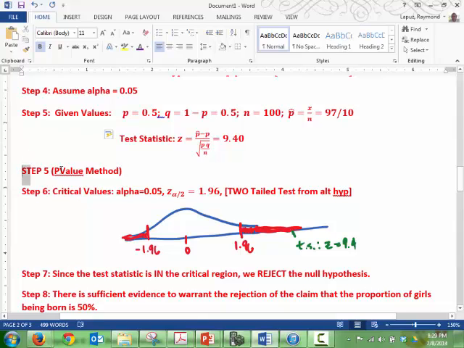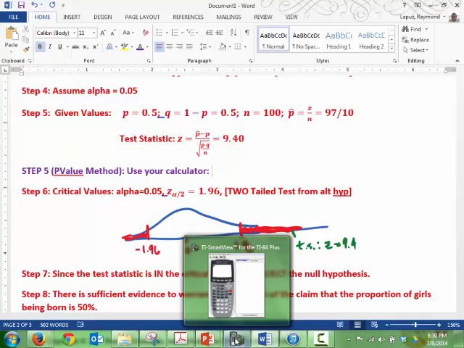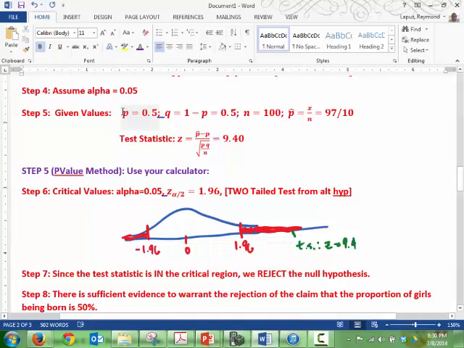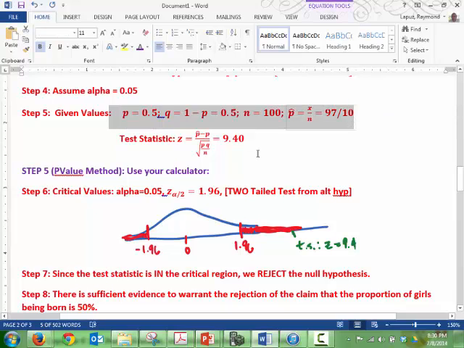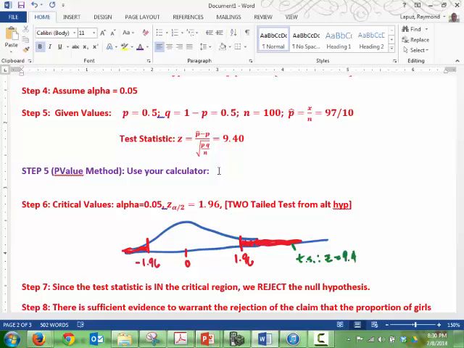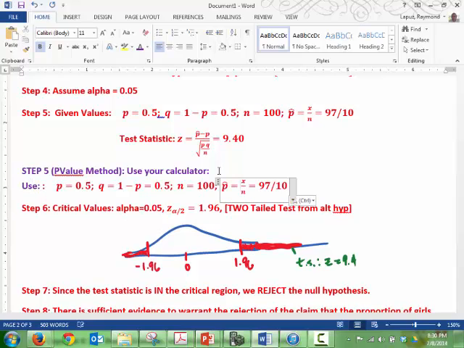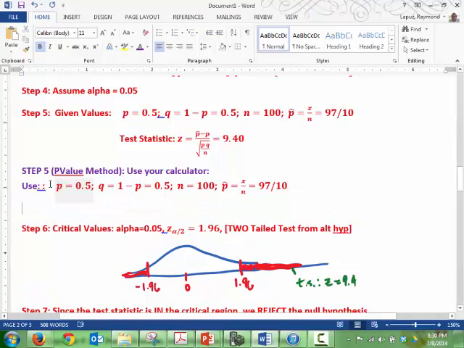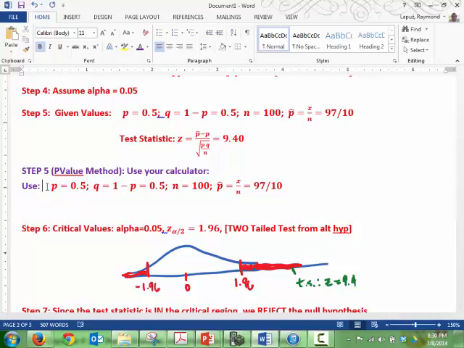So I'd like to insert the p-value method in here. And the way we're going to do this is we're going to use our calculator. We're still going to have to gather statistics like we did before. We're still going to need to use the statistics that we had before.